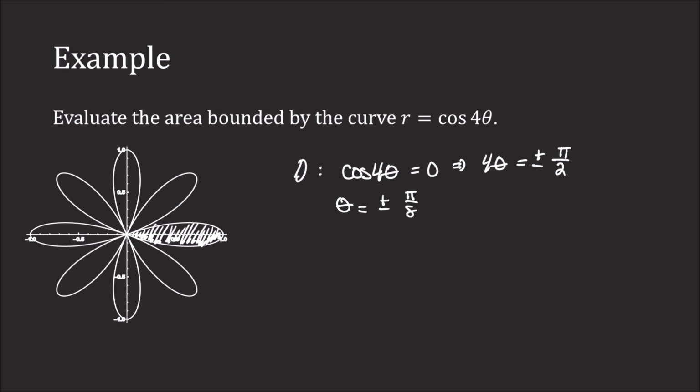So our region, this D, is the set of all ordered pairs r theta such that negative pi over 8 is less than or equal to theta is less than or equal to pi over 8, and 0 is less than or equal to r, which is less than or equal to cosine of 4 theta.